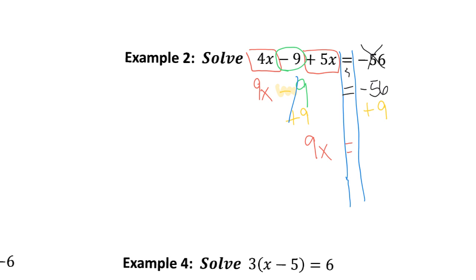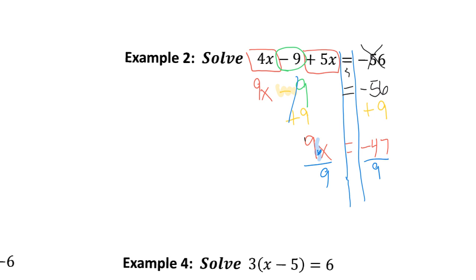What's -56 plus 9? -56 plus 9 gives us -47. And then we're going to have to divide both sides by 9 because remember, there's implied multiplication. So divide both sides by 9.